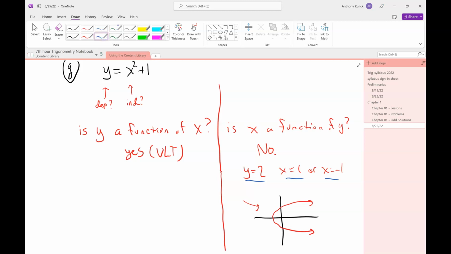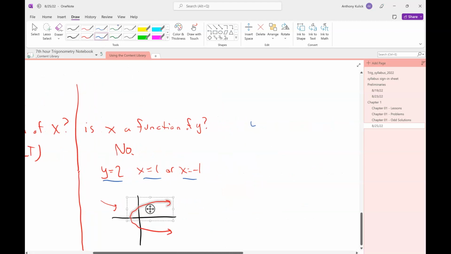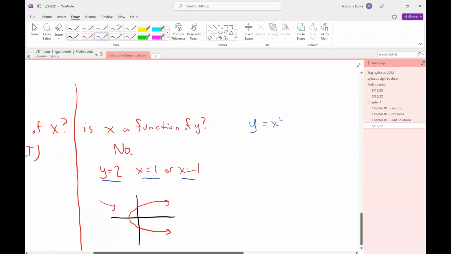Well, I would have had to rearrange this equation so that the x was by itself. So I would have subtracted 1 from both sides and then square rooted both sides.